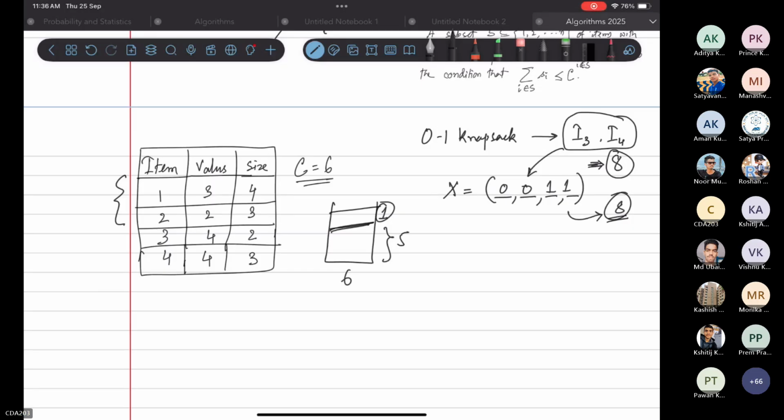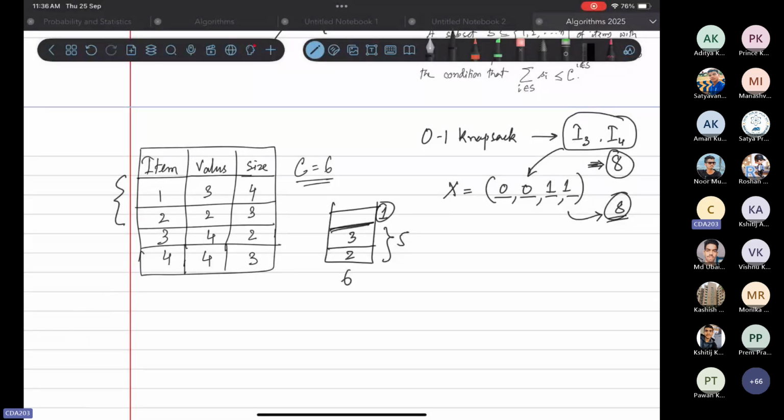Now which one would you like to prefer? I have taken the whole item 3. Item 3 means that I have taken 2 amount of it. I have taken 3 amount of it.